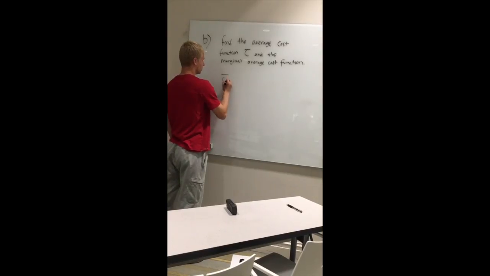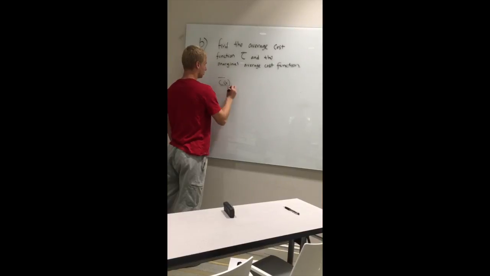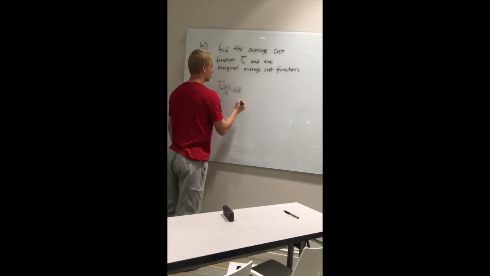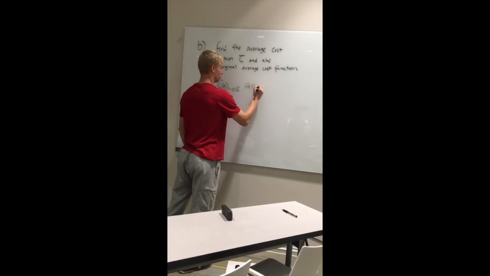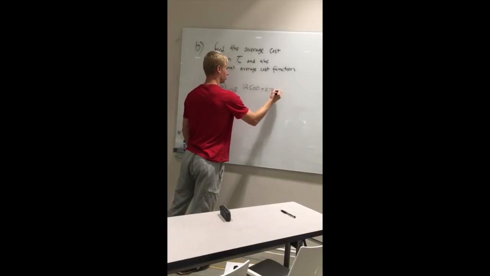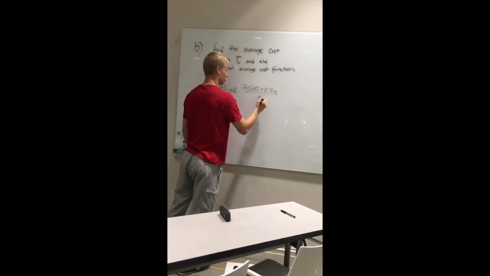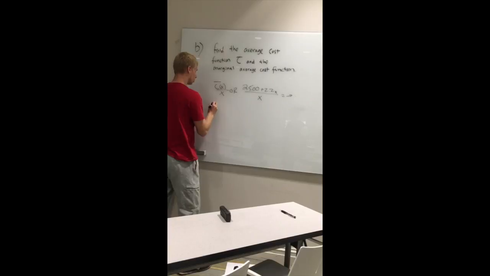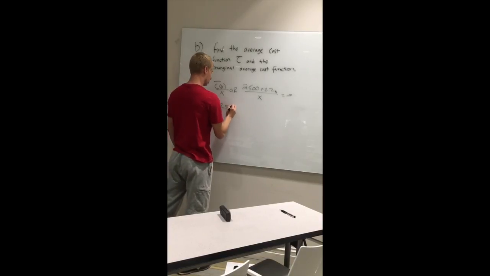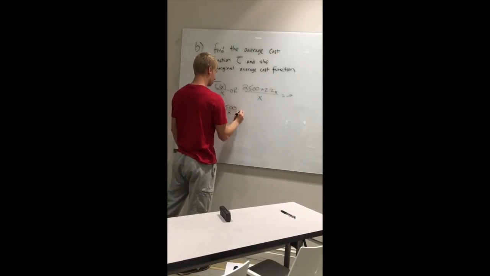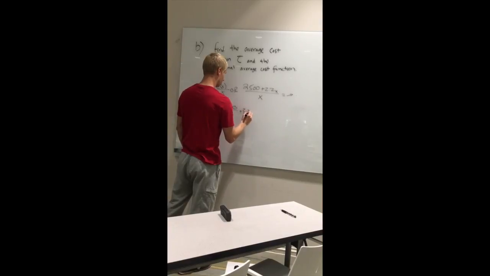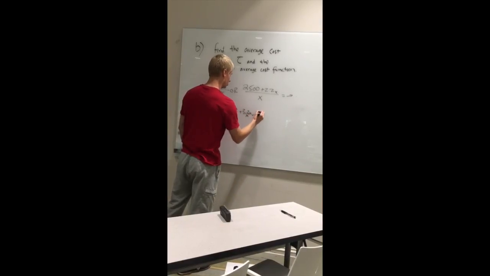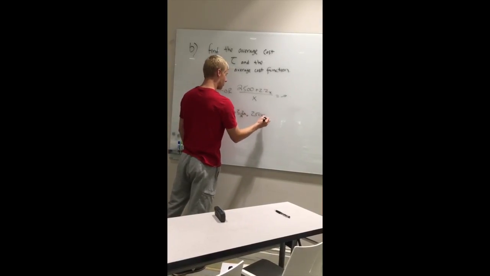We'll go back and look at our average cost function equation, and we find that it's c of x over x. So we plug in the numbers, and it's 2,500 plus 2.2x divided by x. So we basically divide the whole equation by x, and we find 2,500 over x plus 2.2.